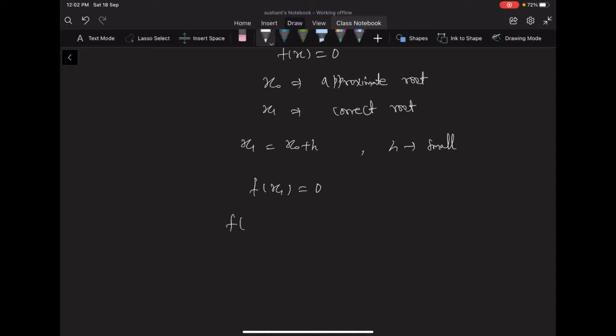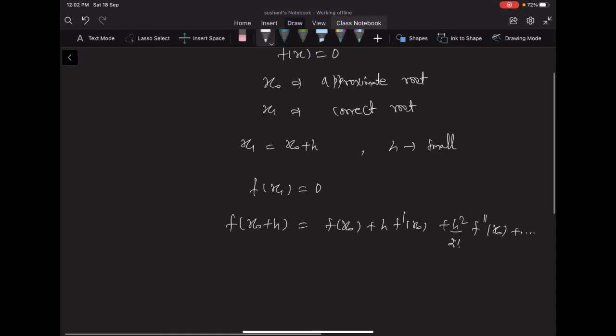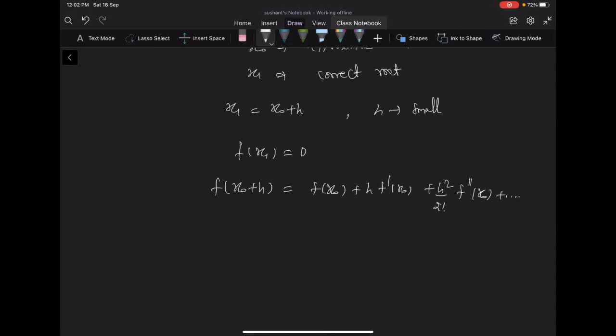And this x1 is x0 plus h, and then we can Taylor expand it as f(x0) plus h f'(x0) plus h square upon 2 factorial f''(x0), and so on. Now this h is a very small number, so we can neglect the terms of second order in h, h square and h cube. All the higher order terms we can neglect.